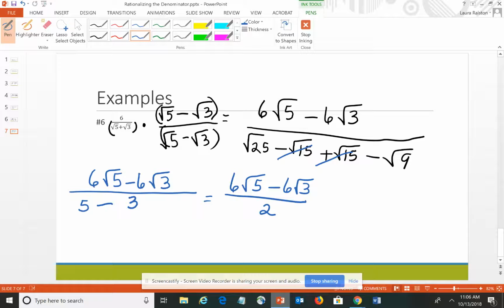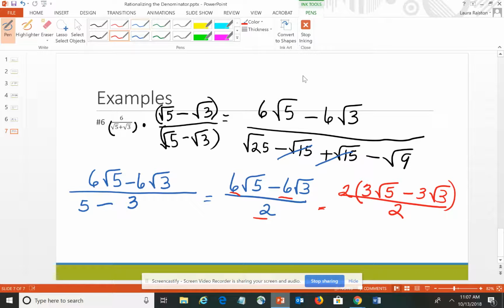I then realized that the 6 and the 6 and the 2 can all be divided by 2. So I'm going to factor it out. 6 divided by 2 is 3. So I have 3 square root 5 minus 3 square root 3 all over 2.